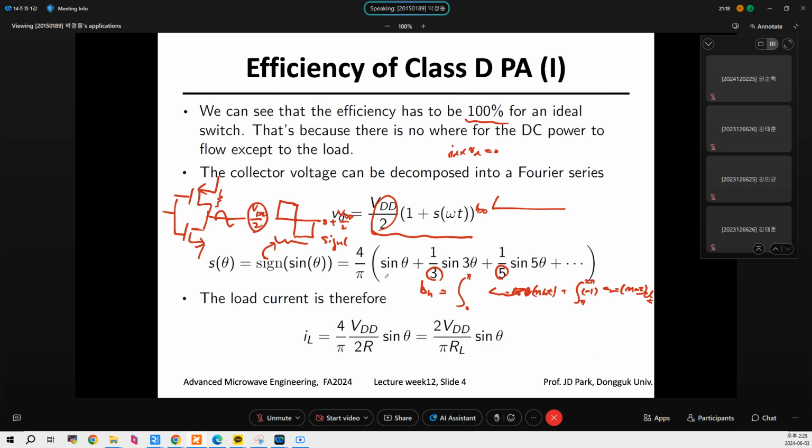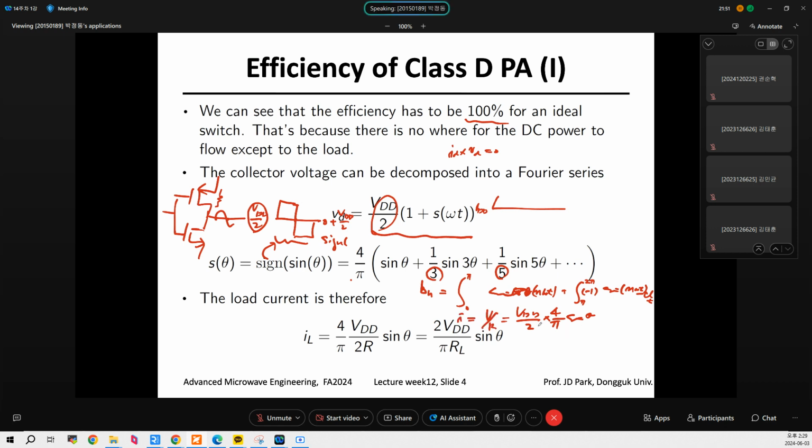Okay, therefore the load voltage is just VDD divided by 2 multiplied by 4 over pi and sine theta. And this is a voltage, divided by R is current.